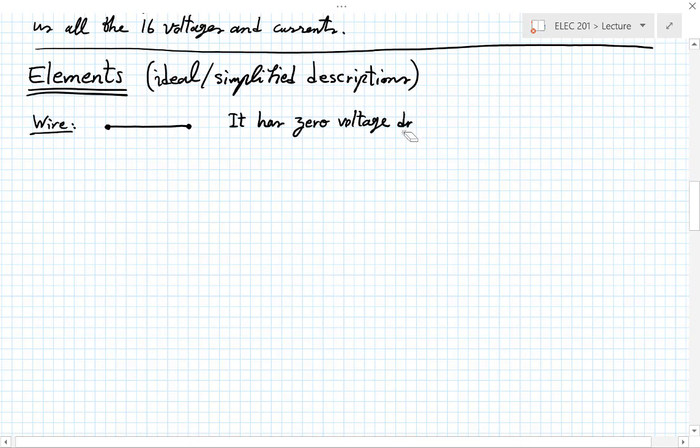Well, I won't say drop explicitly, 0 voltage. By voltage, we mean the potential difference between the 2 ends of the element, right? So the element voltage. So this V is simply 0, no matter what this current I is. It has 0 voltage for any value of current.